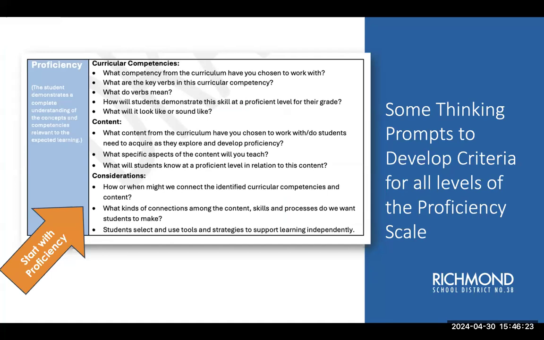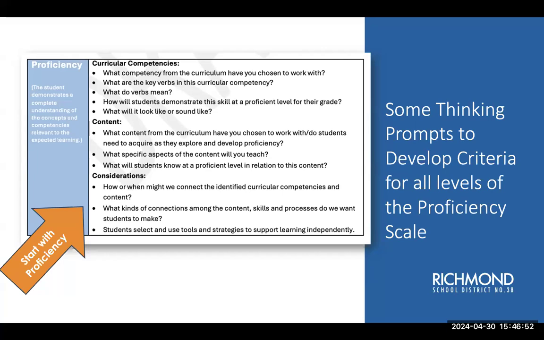And this particular slide shares some thinking prompts that might be helpful in doing that, where we're considering some questions here for how you might think about the competencies and how you might think about content, and then what you might consider if you want to see how these two are connected and or enabling one another to grow.